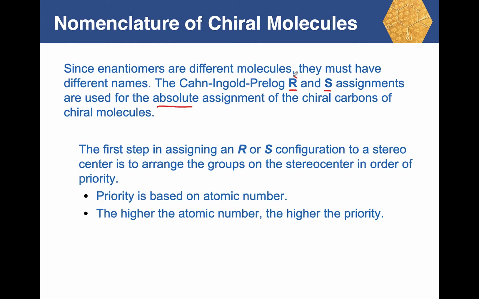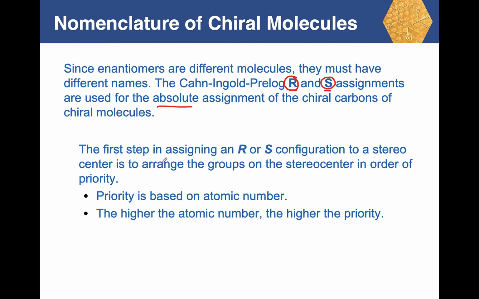So mainly R and S. And notice it's just two, R or S, because as we said, enantiomers come in pairs, just two possibilities.